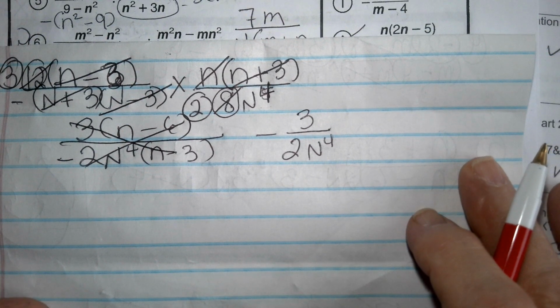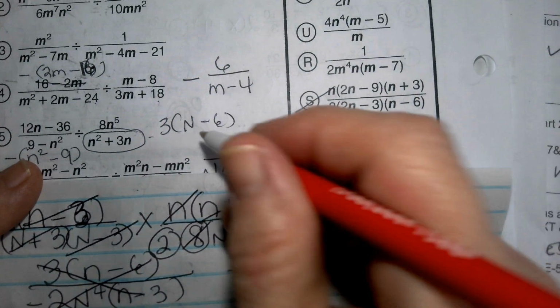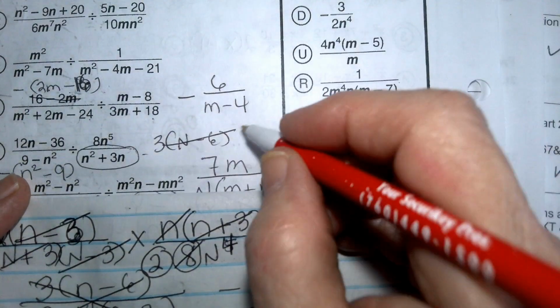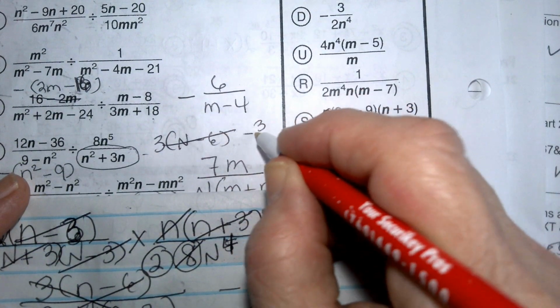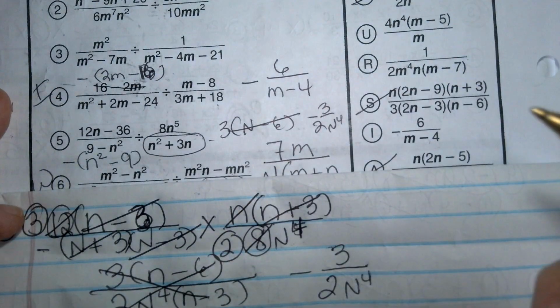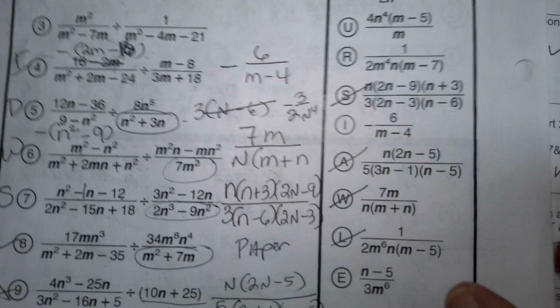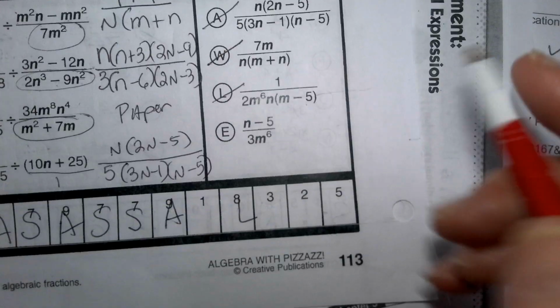Is that answer there? Yes. B. Okay, good. And go ahead and put the letter D. Number 5 is D.